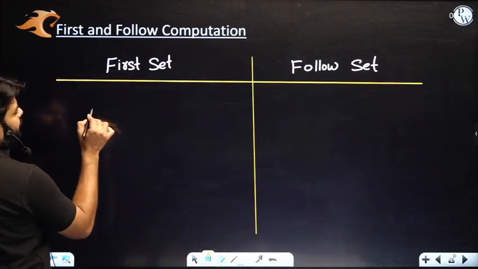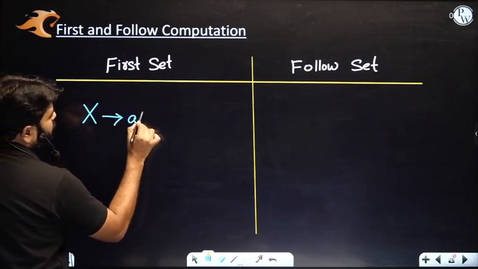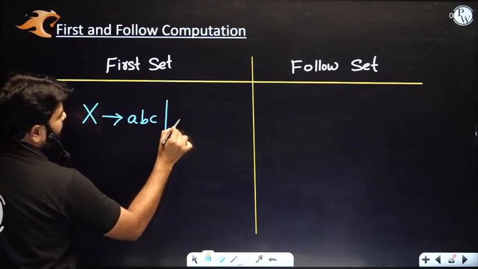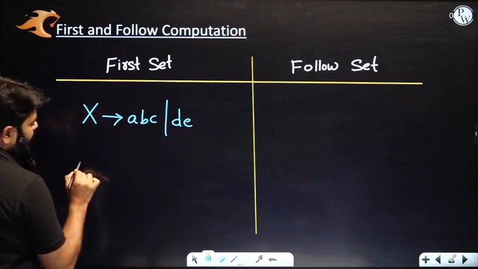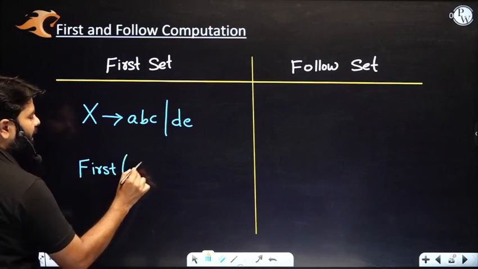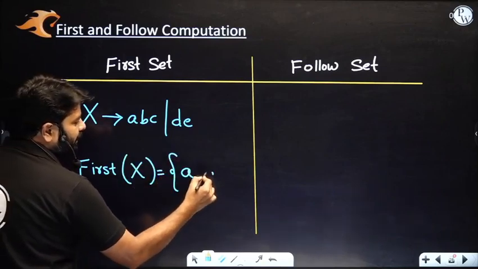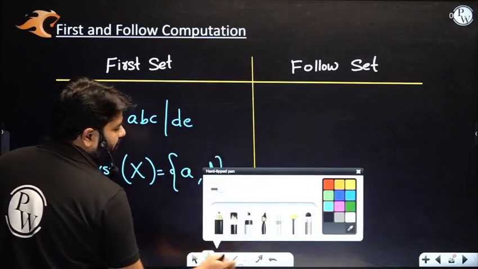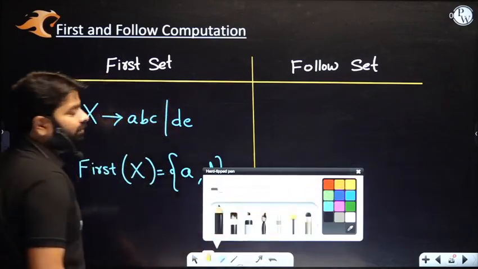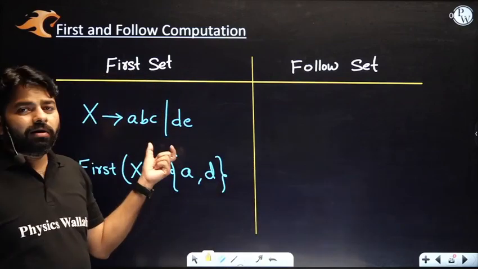Suppose X is a non-terminal which has two strings, A B C and D E. If I am trying to compute the first set of X, you will get A and D. How did you get that? Because X can derive only two strings, ABC and DE.